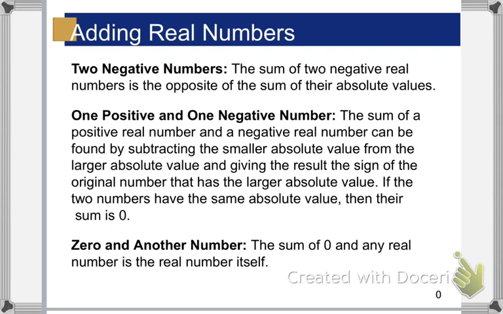Now, these are your rules for adding real numbers. You're going to have access to this in Canvas, so I really wouldn't spend a lot of time writing this down, okay? I talk about my son all the time, so let's talk about Bradley. Now, the first two, when you're adding a positive number and a positive number, my son likes to spend money like you would not believe.